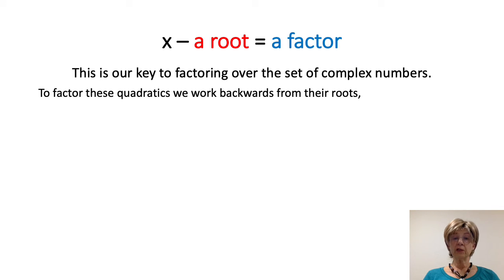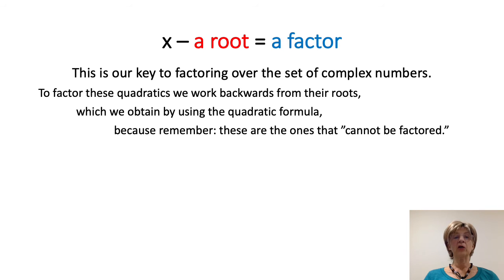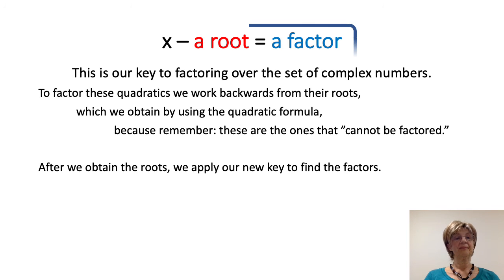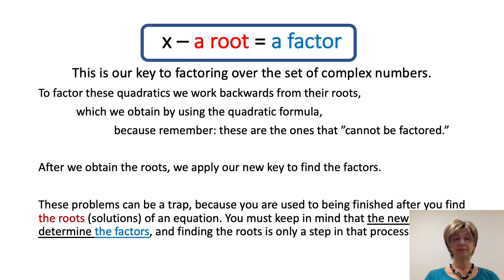To factor these quadratics, we work backwards from their roots, which we obtain by using the quadratic formula, because remember, these are the ones that cannot be factored. After we obtain the roots, we apply our new key to find the factors.